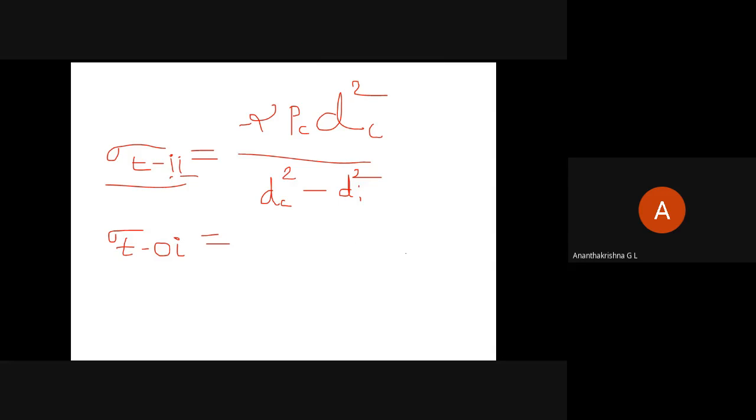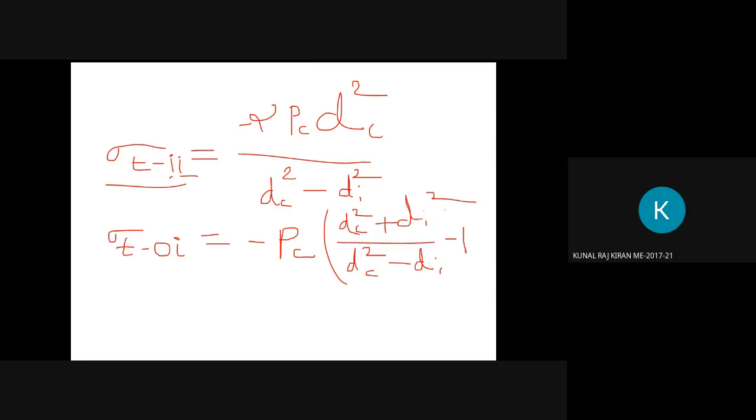It is given by minus Pc, that is pressure, into dc square, the common diameter, divided by dc square minus di square, with plus here and di square, minus mu.